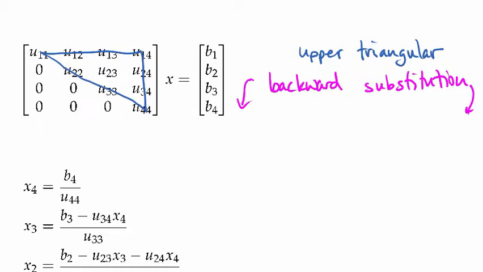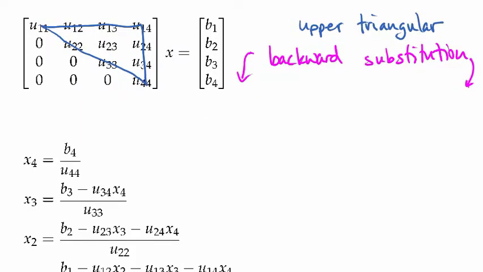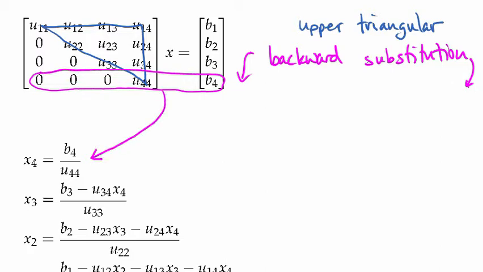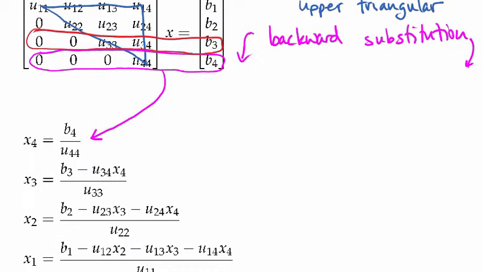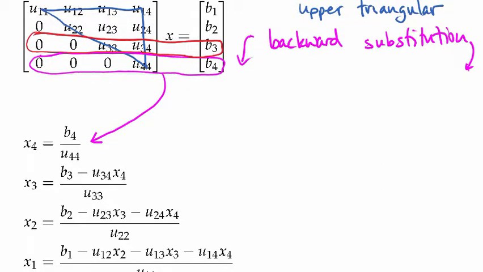So if we started at the last row and worked our way up, well, the last equation involves only x4, so the last row of this system can be solved for x4 by just taking b4 divided by u44. Okay. Third row of the system has an equation with just x3 and x4, but now x4 is known, so we rearrange.